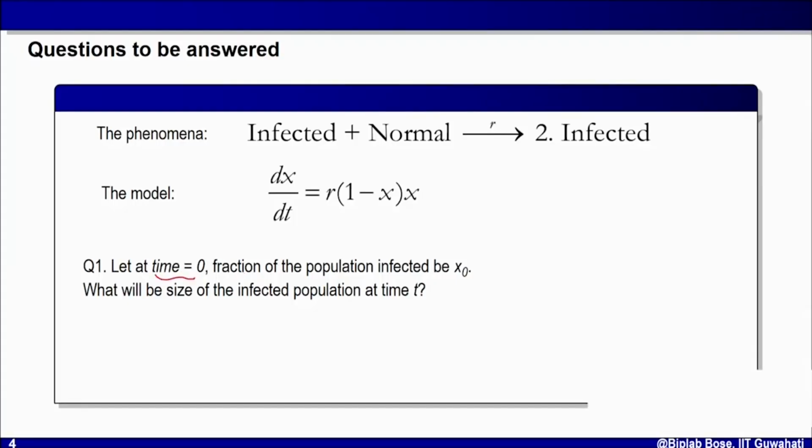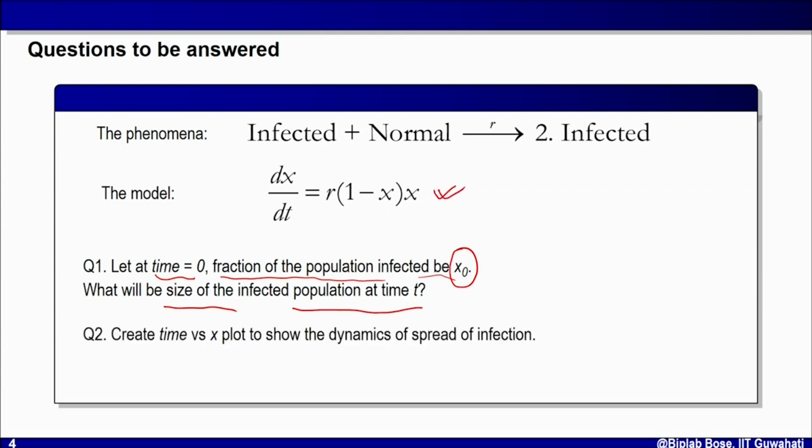Then how many people will be infected after 1 week? So the question can be written in generalized form that at time equal to 0, suppose the fraction of population infected is x naught, then what will be the size of the infected population at time t? This can be one question, and you can try to answer this question using this ODE.